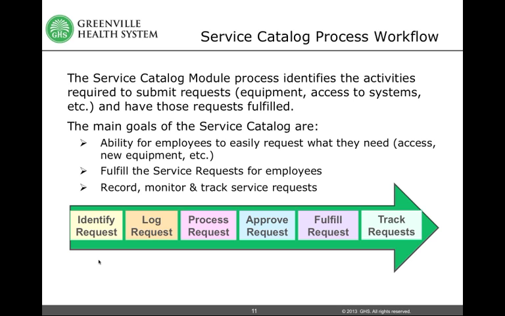In the case of ServiceNow, what you're doing for this processing is filling out a form that includes a series of questions, and you provide answers. The request then goes off for approval. After approval, there is fulfillment. These are a series of tasks that get assigned, and then the request is tracked over time.